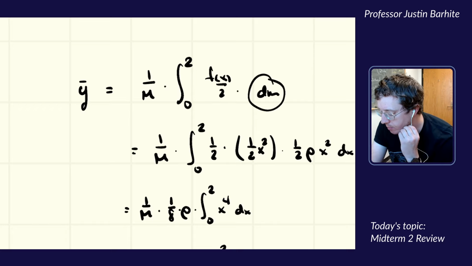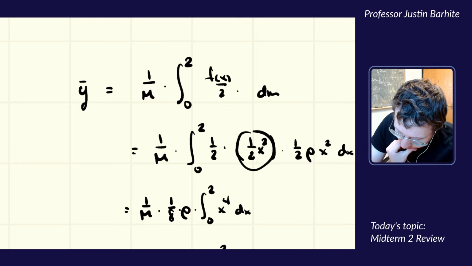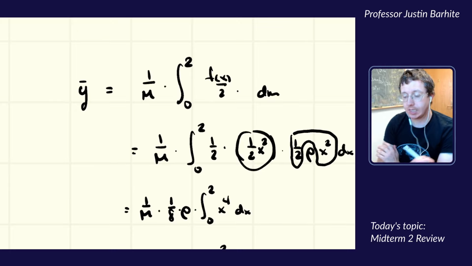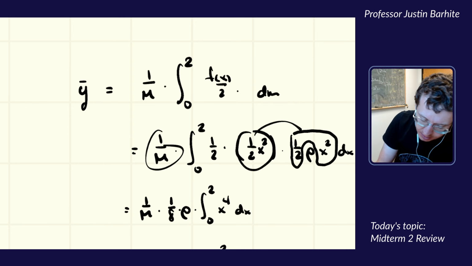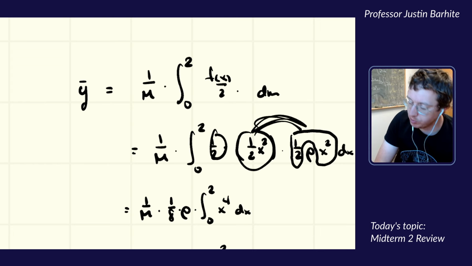And then the mass of the little rectangle also has an f of x in it. So here you see an f of x, and here you see another f of x. So there really is an f of x squared here. So I guess the formula is you divide by the total mass and you integrate 1/2 times f of x squared times rho.